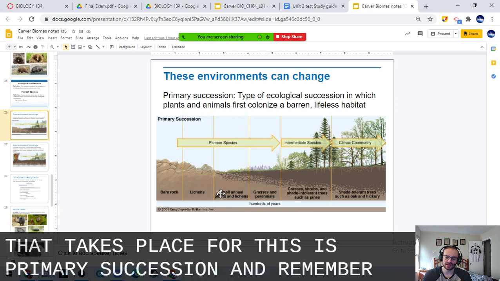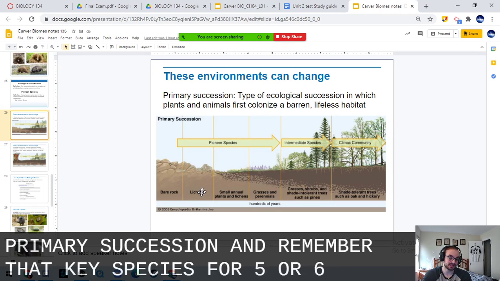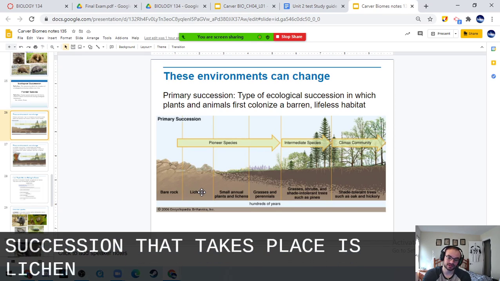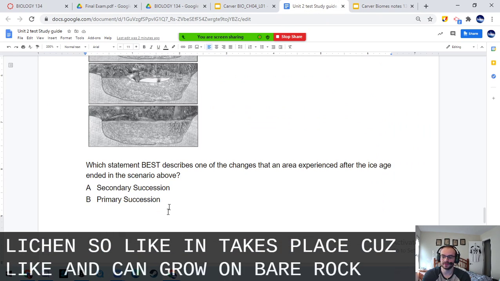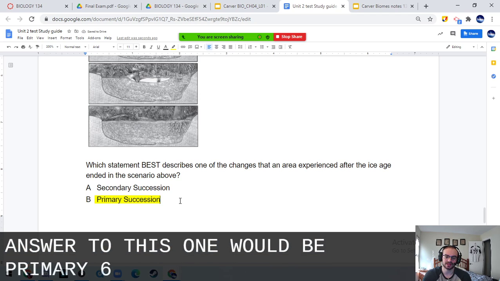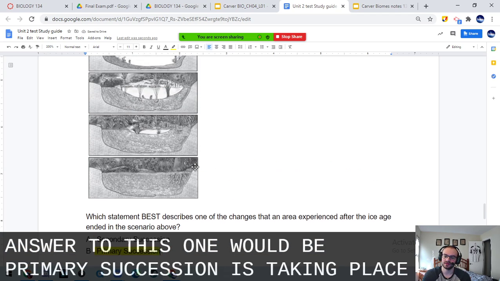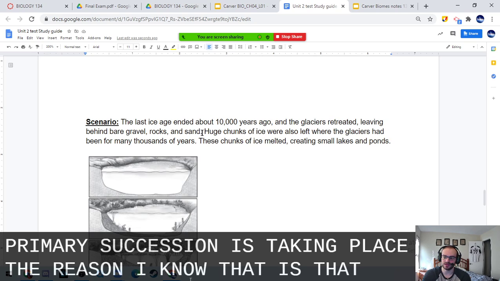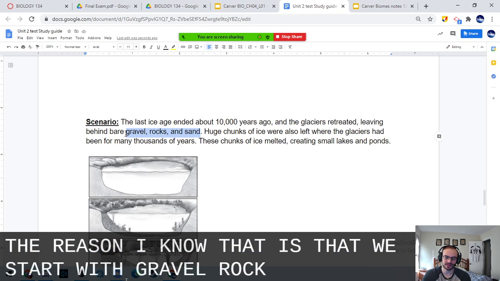And remember that the key species for primary succession is lichen, because lichen can grow on bare rock. The answer to this one would be primary succession is taking place. The reason I know that is that we start with gravel, rocks, and sand.